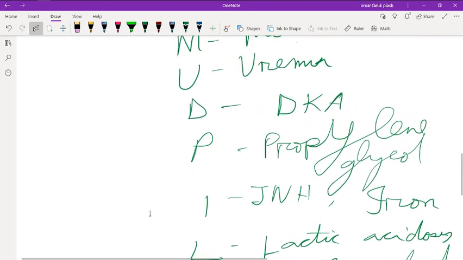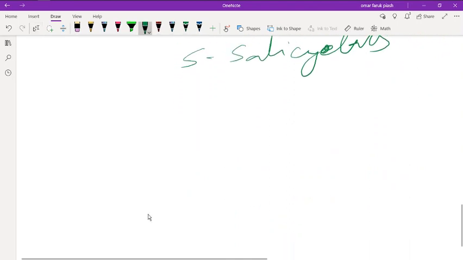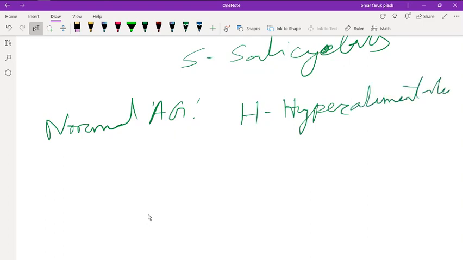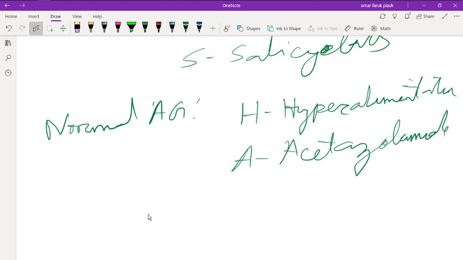And in normal anion gap metabolic acidosis, the mnemonic is HARDASS. H means hyperalimentation. A for acetazolamide.